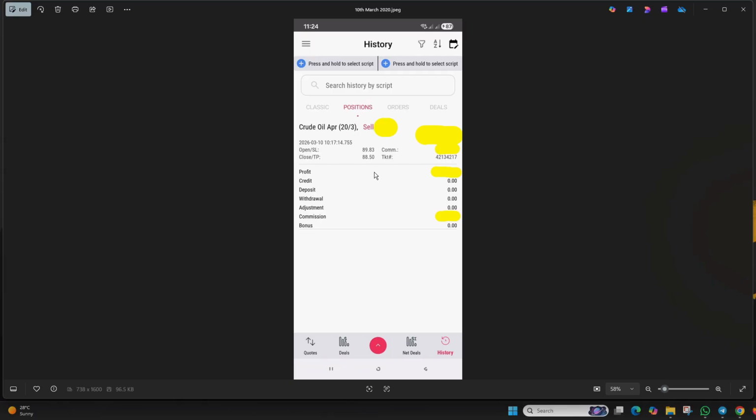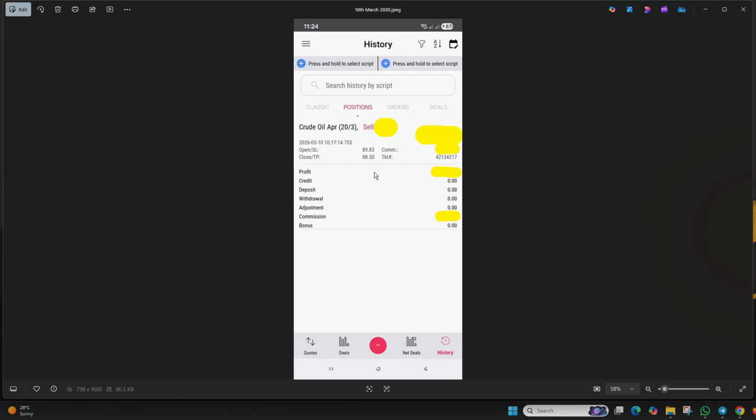So be very careful when you're trading US crude oil because that market is ruthless. You cannot even compare the Indian crude oil market with the US crude oil market. If you are somebody who is very new to trading, please do not even think of touching US crude oil, because the contract size of US crude oil is 1,000 barrels.